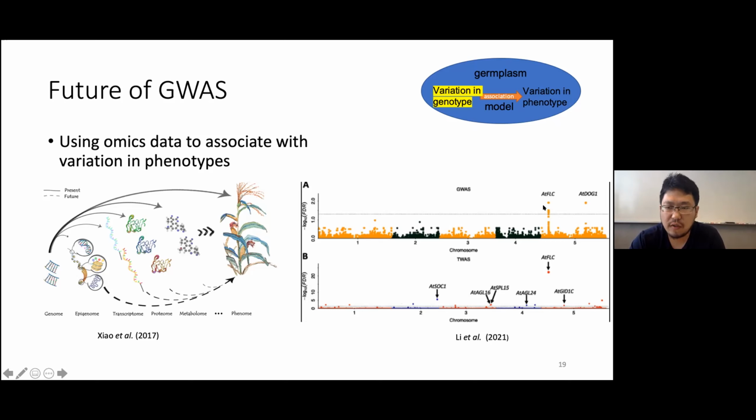So each dot on this Manhattan plot is not a SNP like in GWAS. It's actually a gene, because it's the expression level of these genes that was used for the association study. The same concept can be applied to other levels, like proteome and metabolome. So more and more of this type of association study are being developed right now.